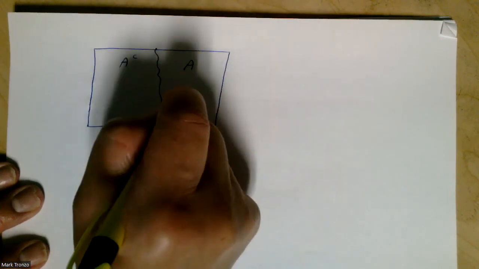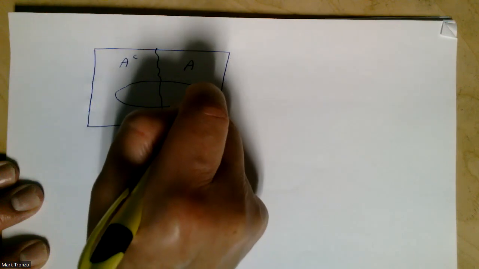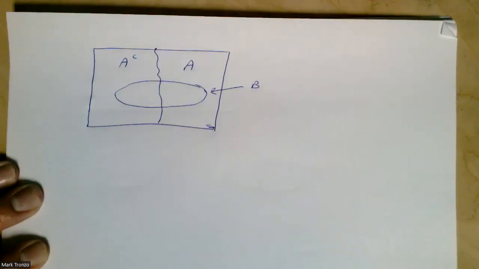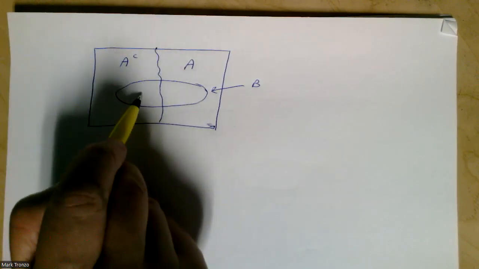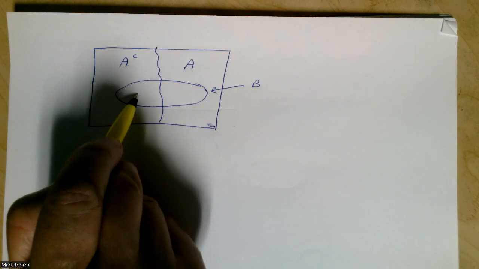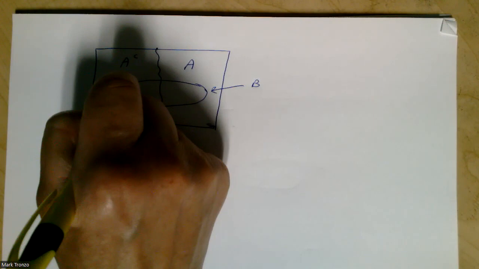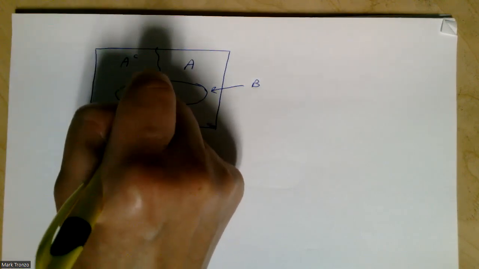And then you have an event B. Say it's contained within here. This is the event B. And so over here, if this whole thing is event B, this is going to be B intersection A complement.